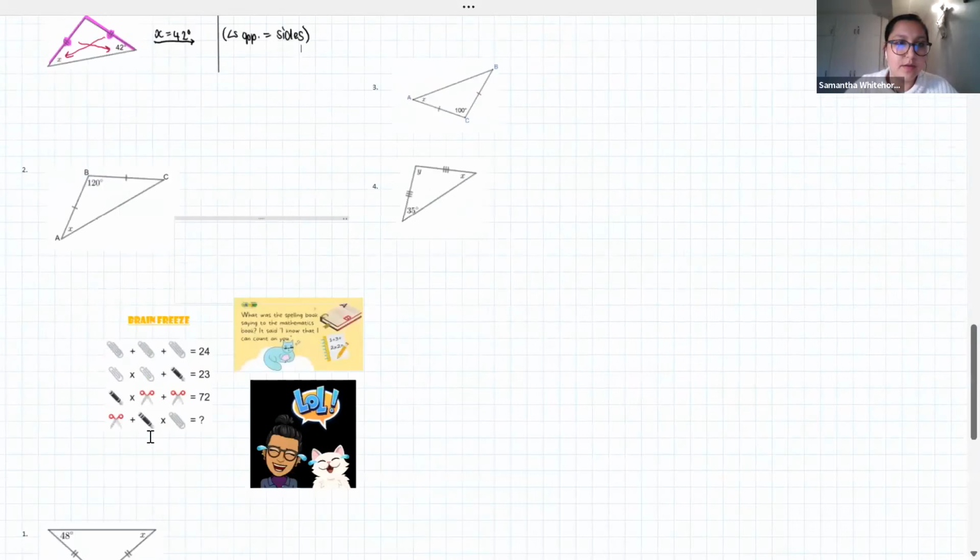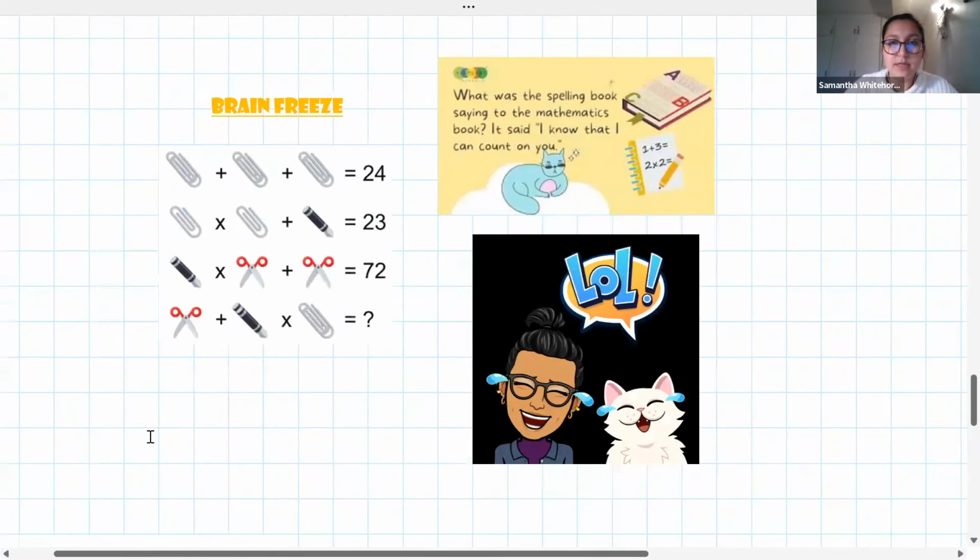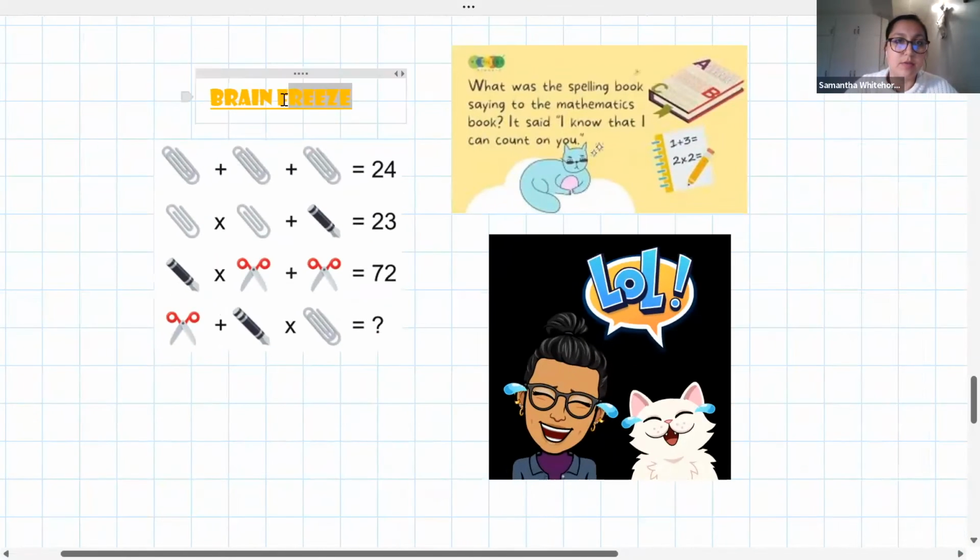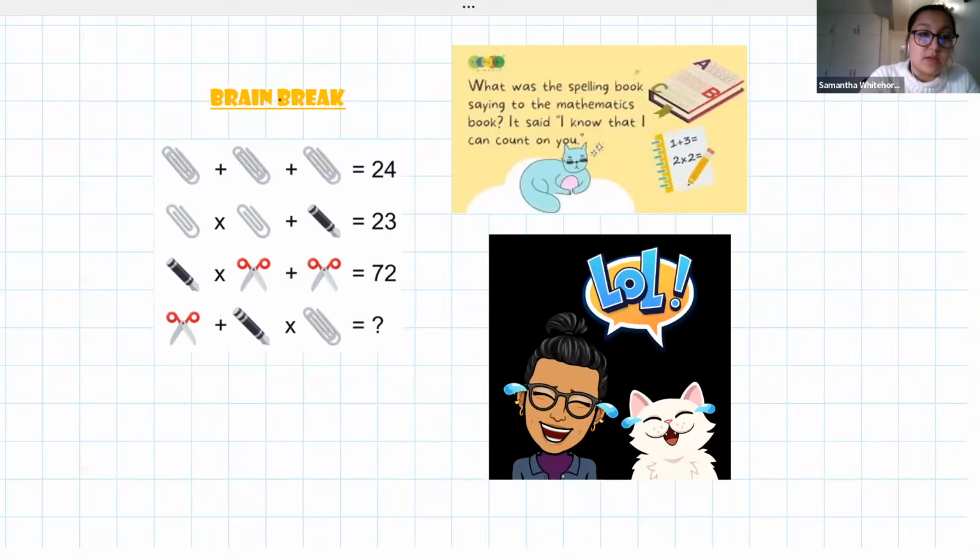Alrighty. So brain break for the day. I am going to make it no, I'm not going to make it bigger, but I am just going to let you in on something. And it's not super clear. That's why I want to tell you. Guys, in this first one, there's 2 paper clips here. Yeah, I didn't notice it at first. But if you compare the 2 diagrams, there are 2 paper clips.